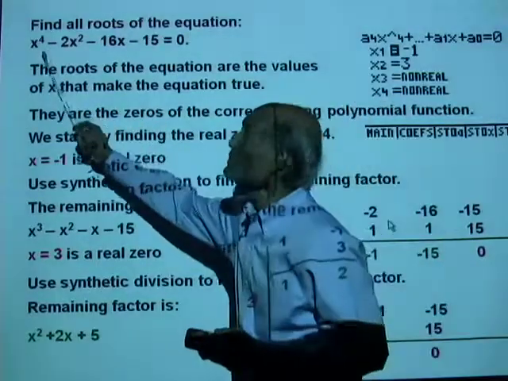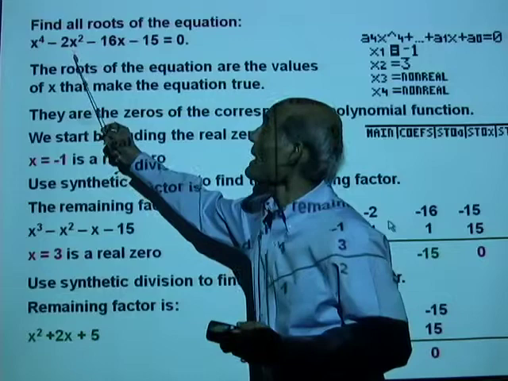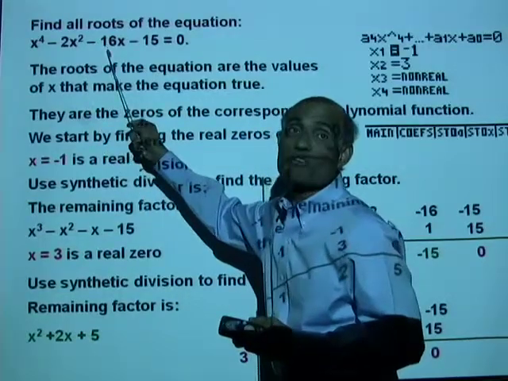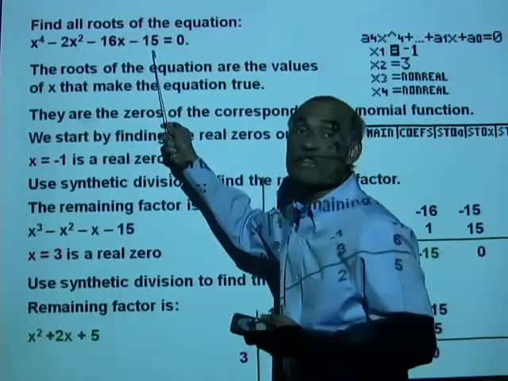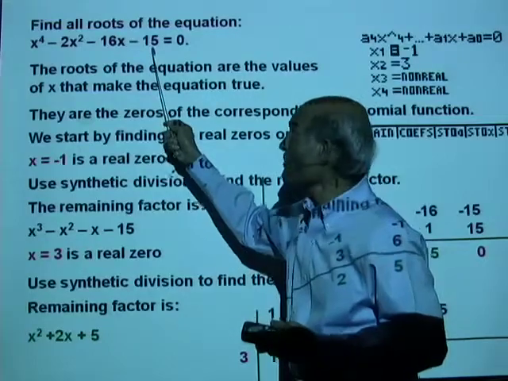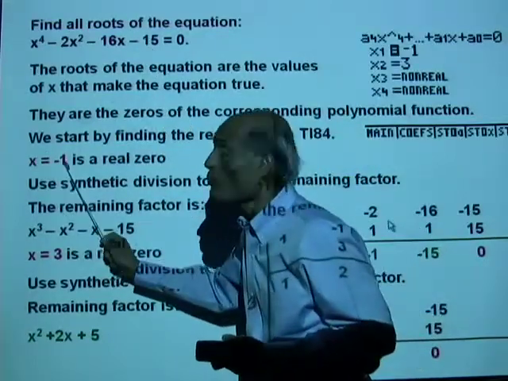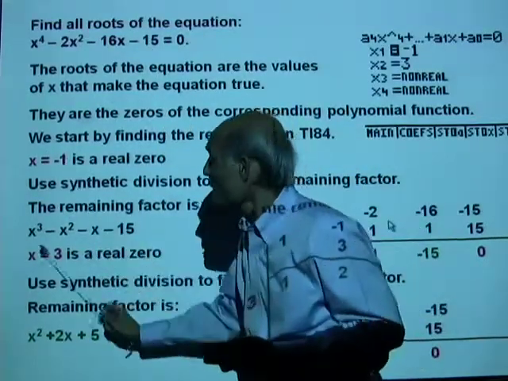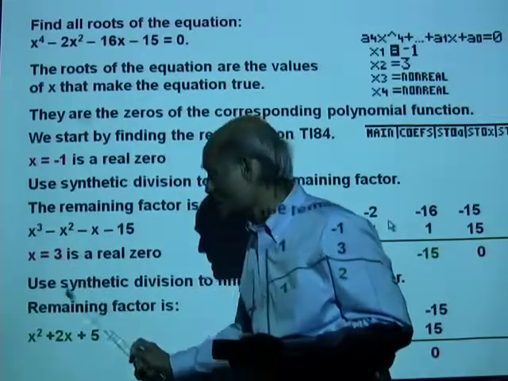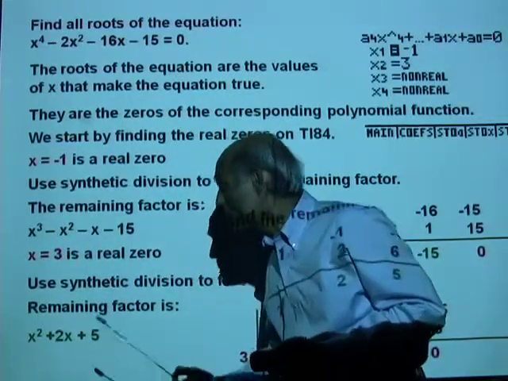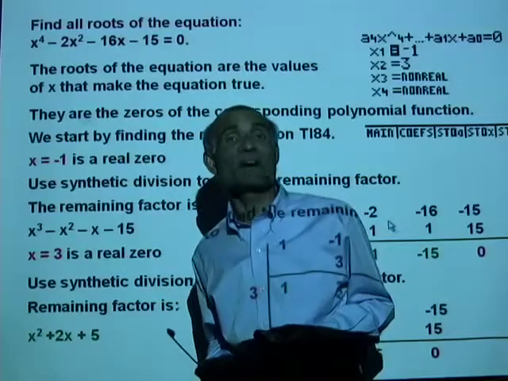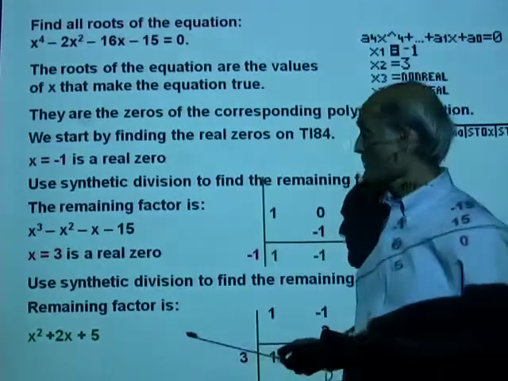That means x to the power of 4 minus 2x squared minus 16x minus 15 can now be written as x plus 1 times x minus 3 times x squared plus 2x plus 5. That's what it means.